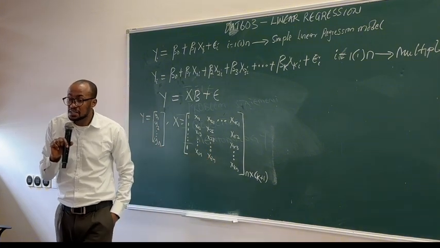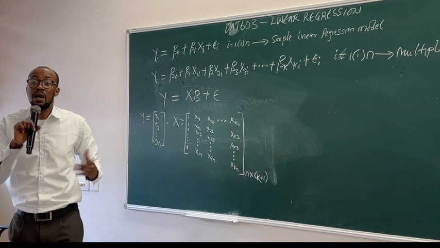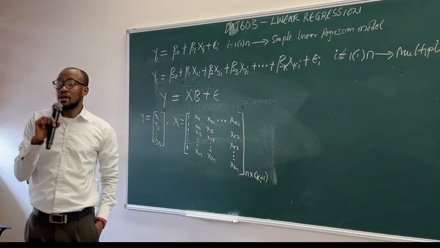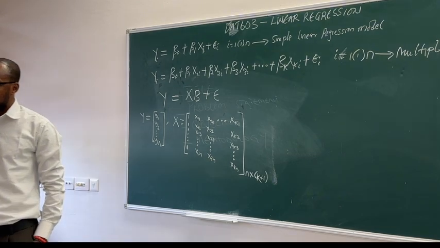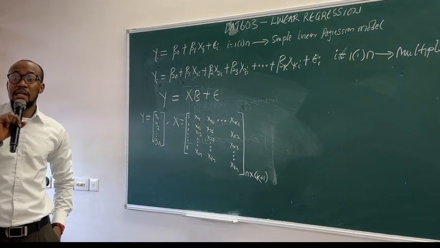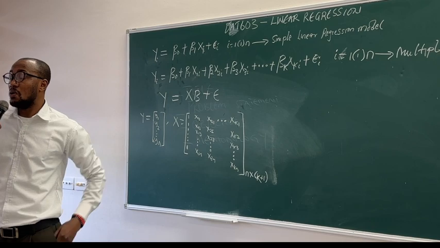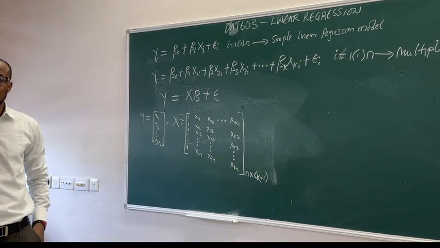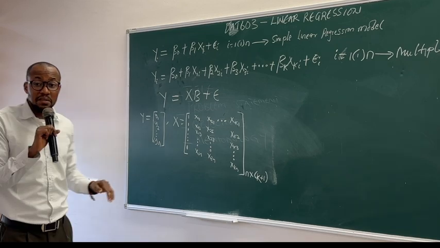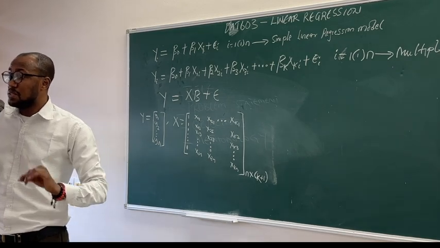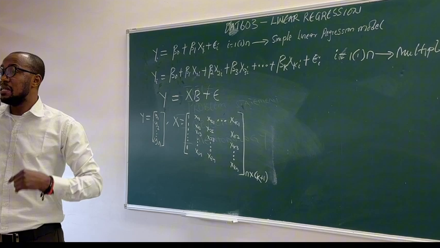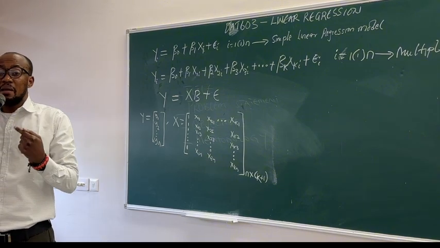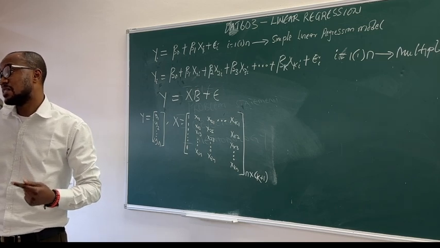So a matrix is said to have full rank, or the rank of a matrix. The rank of a matrix is the number of linearly independent rows or linearly independent columns of that matrix.